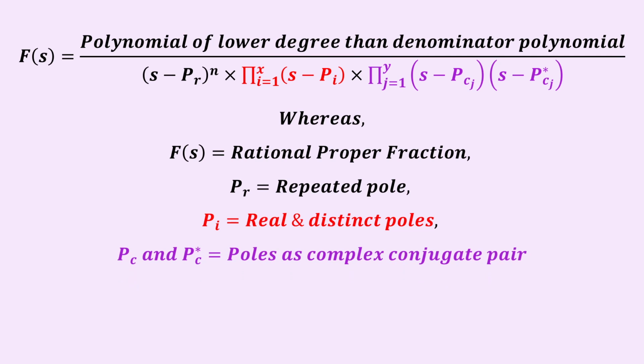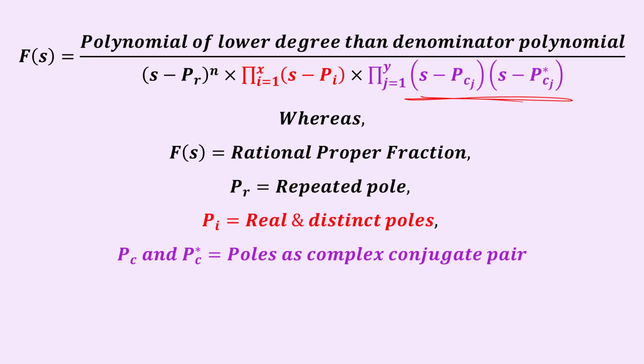Poles can also be complex numbers, and when the pole is a complex number, there must exist its conjugate pair. So complex poles always exist as conjugate pairs, and there could be any number of conjugate pairs multiplied together.